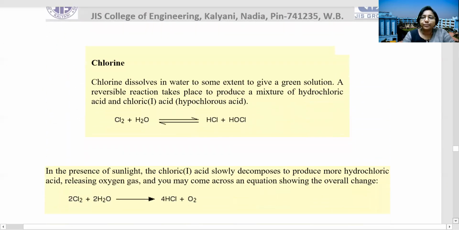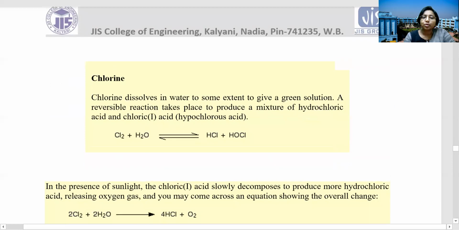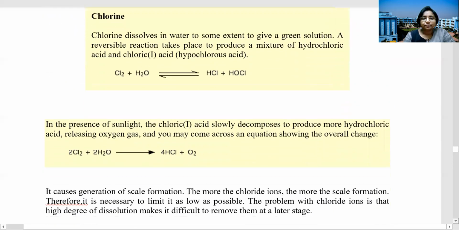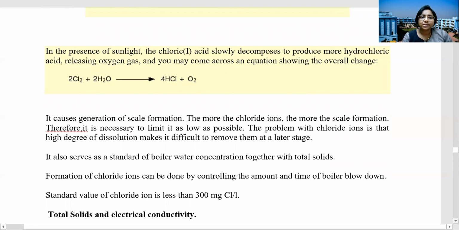The chloride ion will form HCl, and you know the acid, HCl, will corrode the metal body of the boiler. So it also causes scale formation.